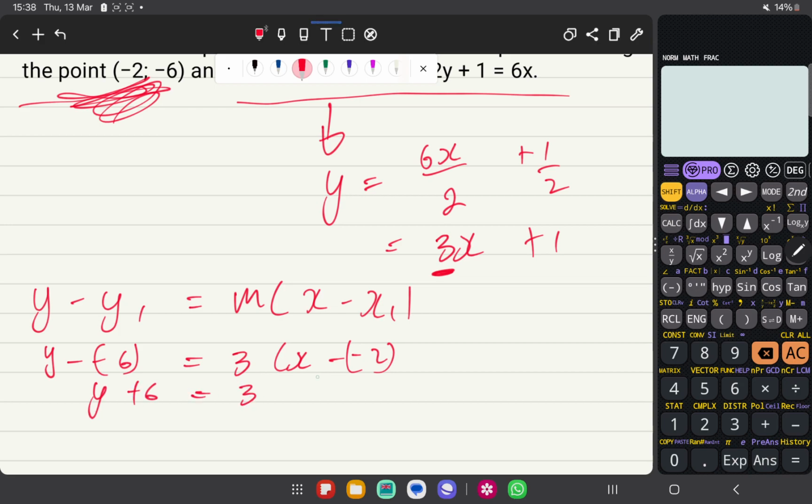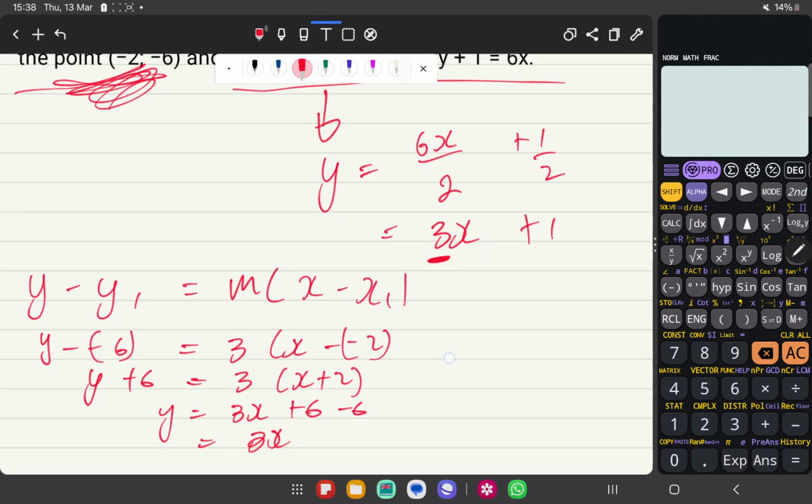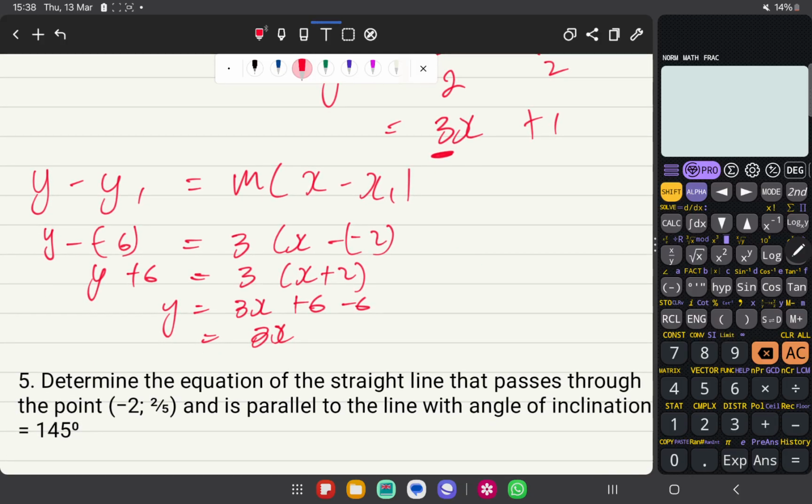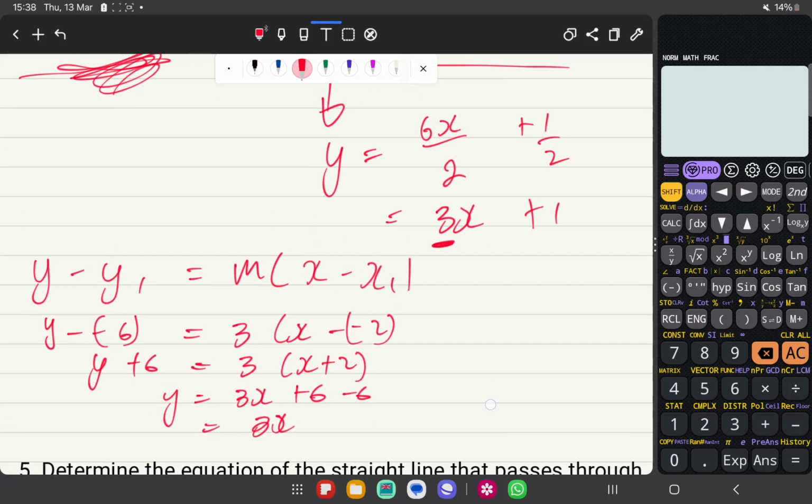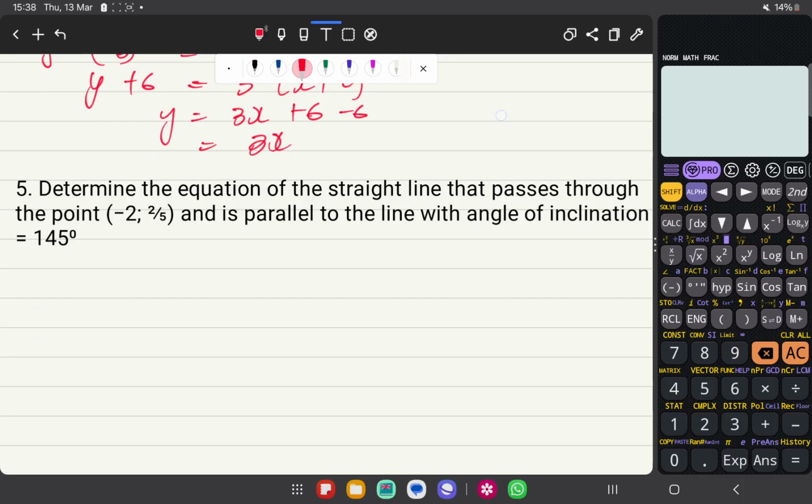That is 3x plus 2. That is y equals 3x plus 6 minus 6, which is 3x. Yeah, 3x. So that's what's up. Quite easy, nothing complicated.